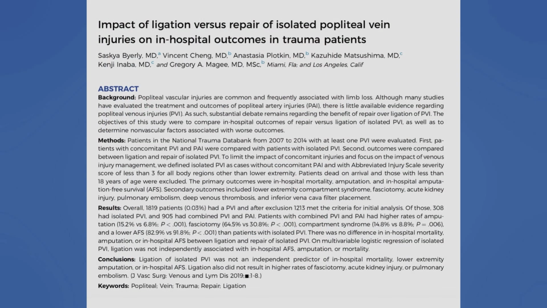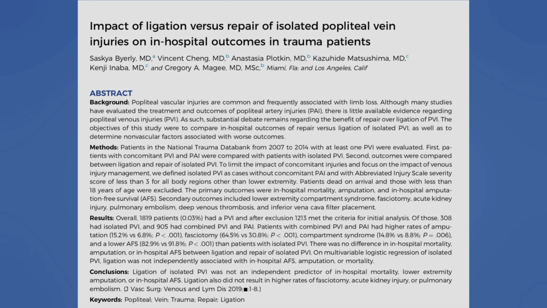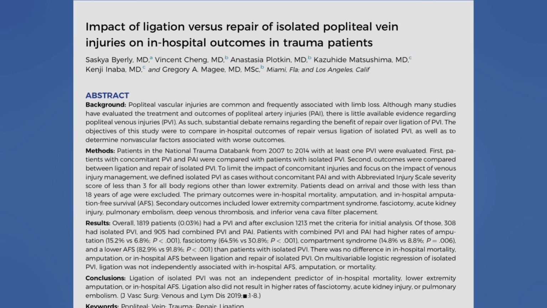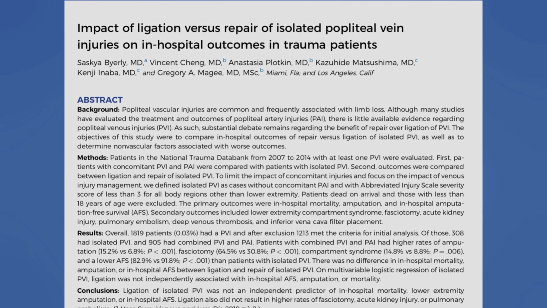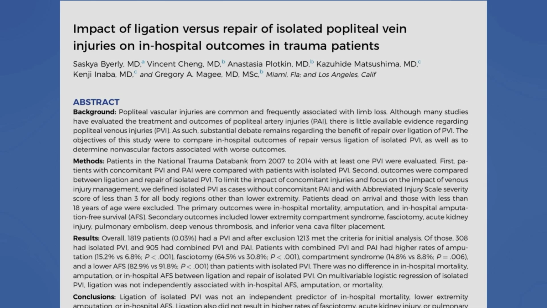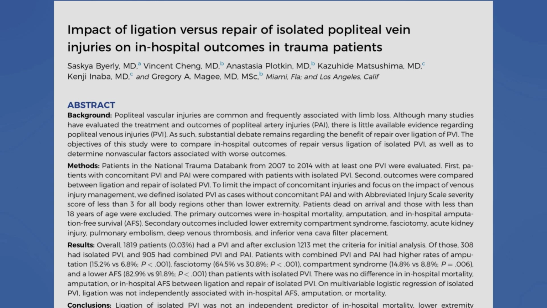The final paper I'd like to introduce is on the impact of ligation versus repair of isolated popliteal vein injuries on in-hospital outcomes in trauma patients. This was authored by Saskia Byerly and colleagues from Miami, Florida and Los Angeles, California.